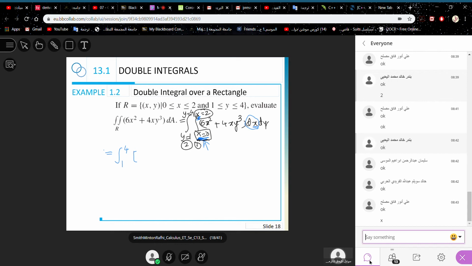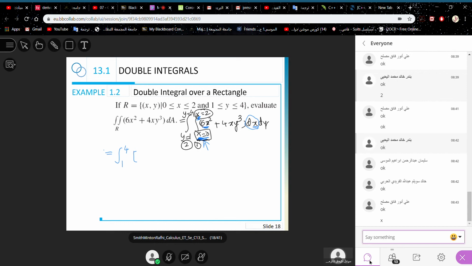We just integrate with respect to x, and we treat y as a constant. And when we integrate with respect to y, we treat x as a constant. Whatever the x function is, that is the constant.